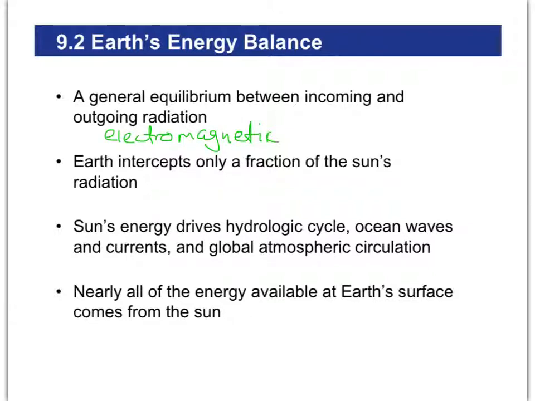The sun gives out all kinds of electromagnetic radiation. So the sun is over here, shining nice and bright. Right here is the Earth, a little blue marble, millions and millions of miles away, and the sun gives out all kinds of radiation in all directions.